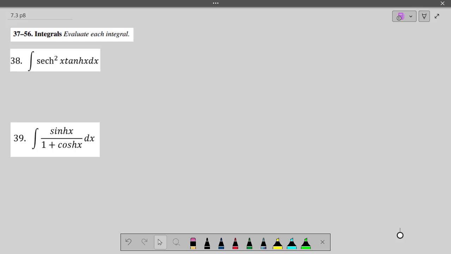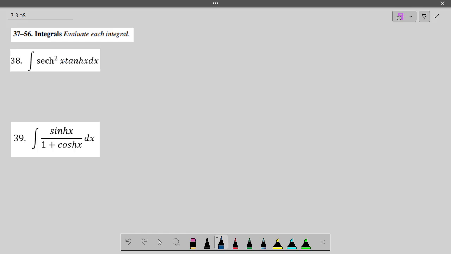Okay, so up here, we have a product, and we're trying to integrate a product. At this stage of the game, the only way product integration has really worked is if substitution could be used.